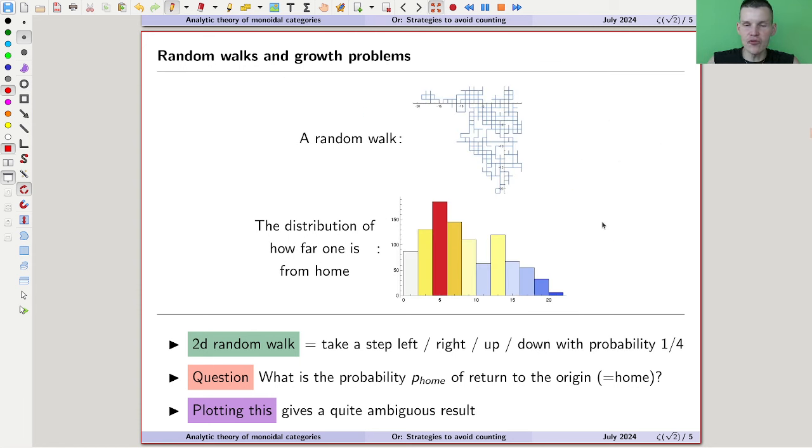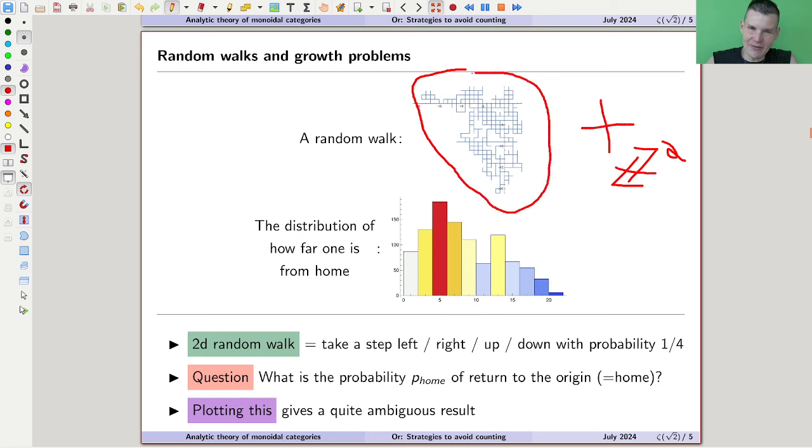Do the same in 2D. Take a step up, down, left or right with equal probability. You do the random walk on the integer lattice, Z squared, and it's a bit trickier. It's not quite clear. If you plot the absolute value of the distance from the origin, again using some terrible Python code and ChatGPT, it's not quite clear. It kind of looks like it moves out or moves in. Here it's pretty clear.